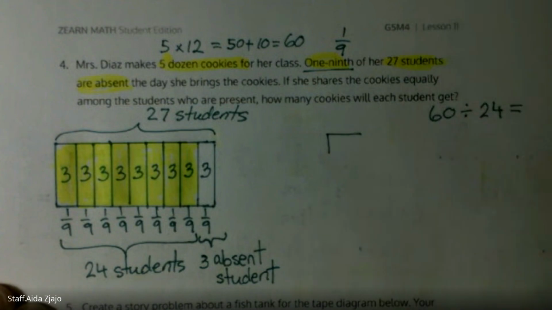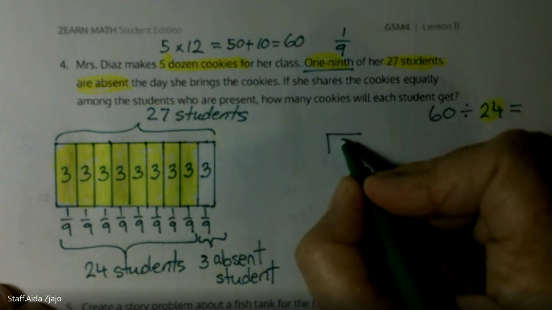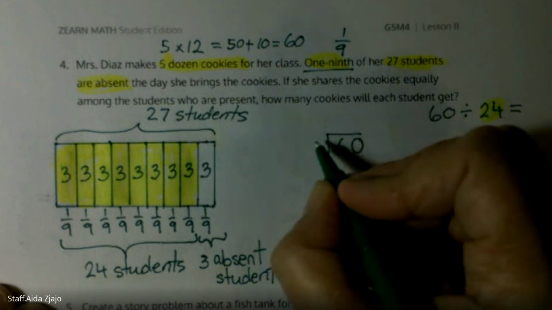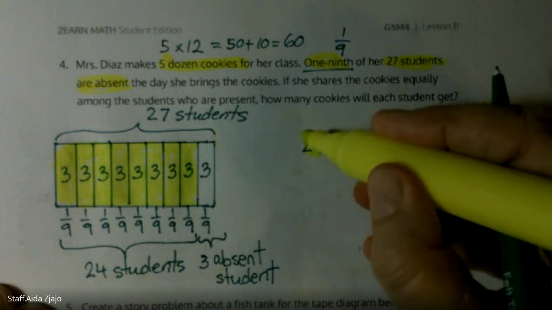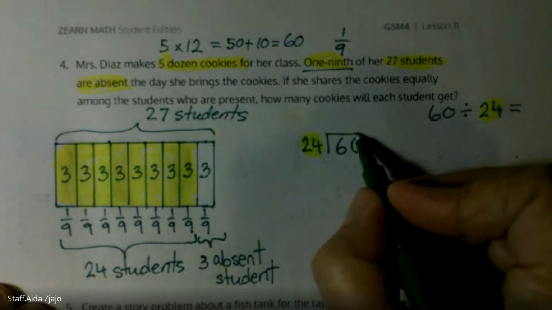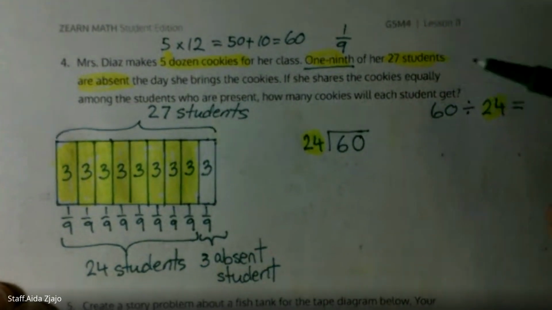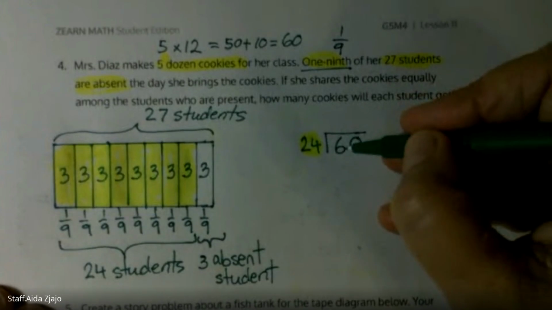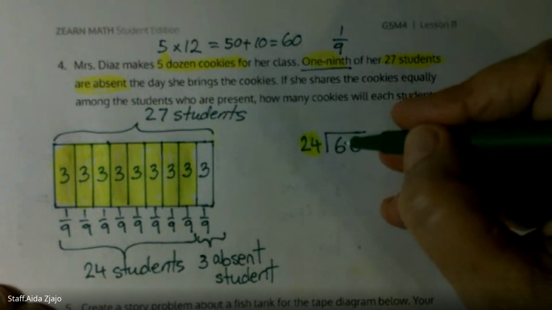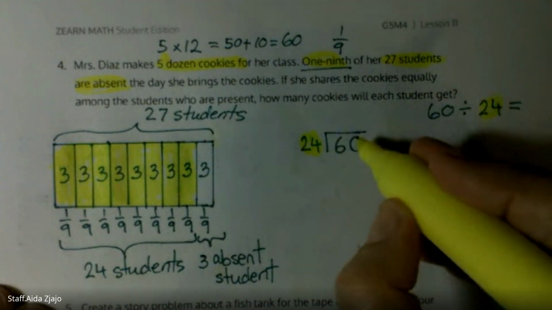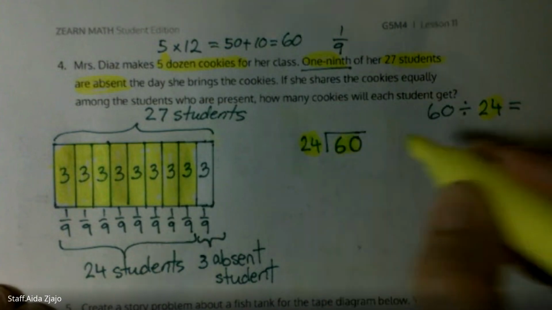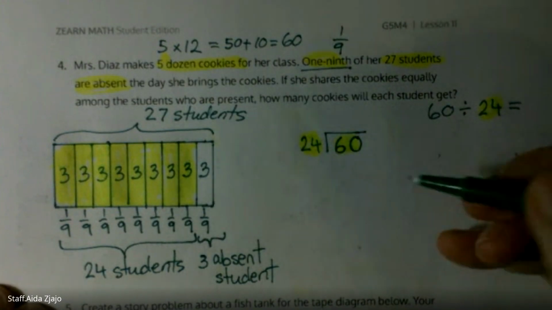How many groups of 24 are in 60? I can divide equally if I regroup the cookies. So I'm going to see how many groups of 24 are in 60.